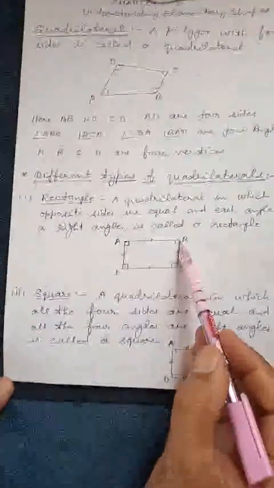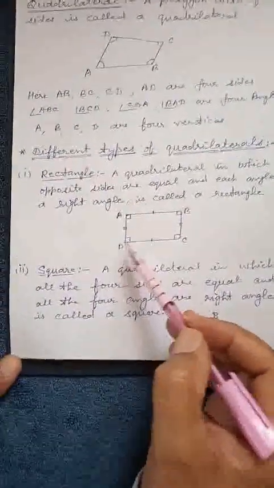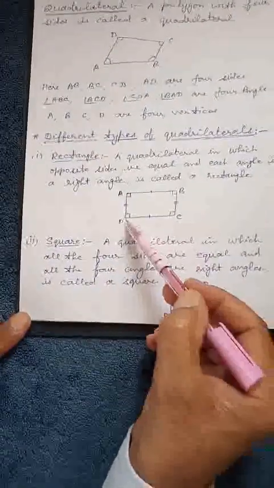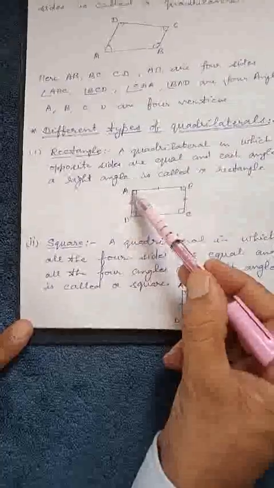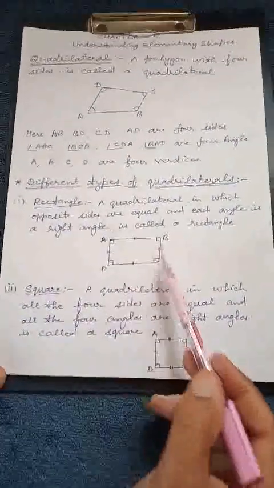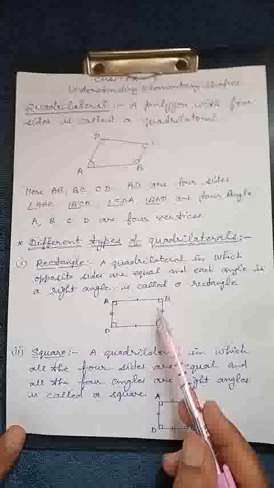ABCD is a rectangle in which side AB is equal to side DC and side AD is equal to side BC, and all the four angles are right angles. Also, diagonals of a rectangle are equal.